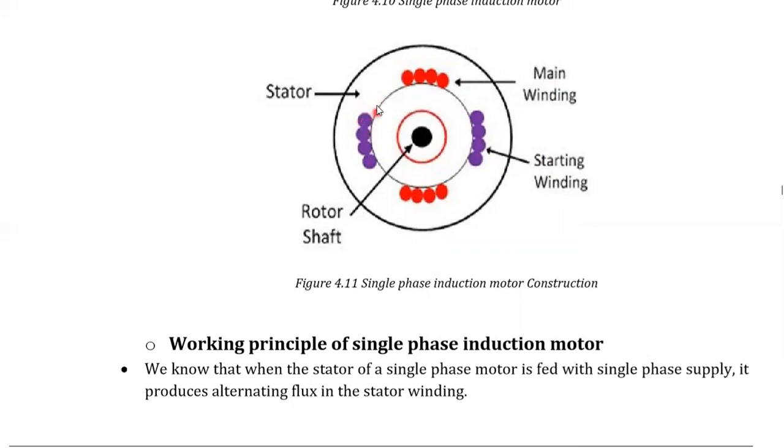But in a three phase induction motor, there is no starting winding, only the main winding, that is R phase, Y phase, B phase, placed in the slots. Here it is different: some slots belong to the main winding and some slots belong to the starting winding.